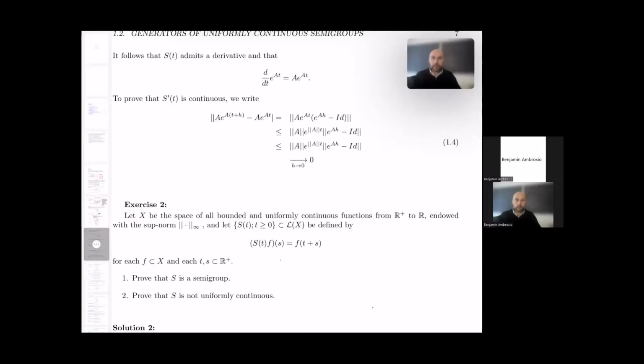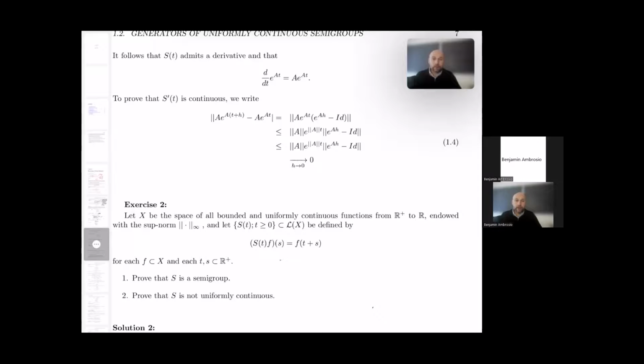So next we have the following exercise. You consider the Banach space of all bounded and uniformly continuous functions from positive time to R, with the infinity norm.